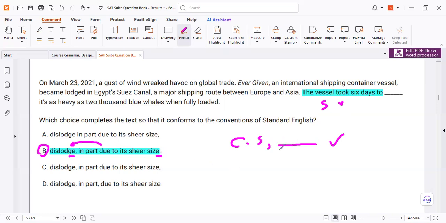After the comma, we have an explanation. It tells you why it took six days, because it is as heavy as 2,000 blue whales. So the information after the comma tells you why. So the comma is the best choice.